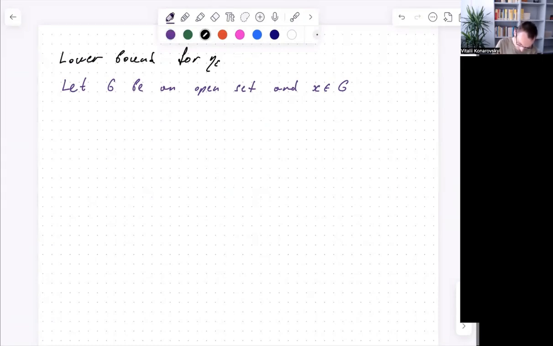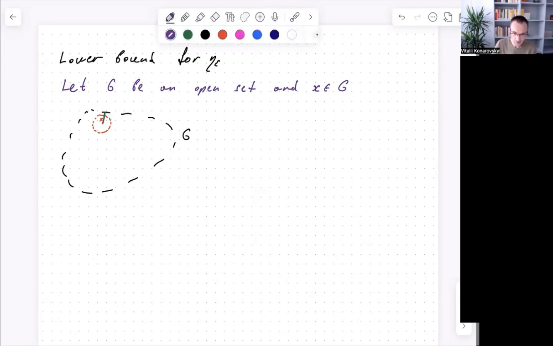We have the following picture. It is a set G, and you take some point x, which lies completely in G with some neighborhood. Therefore, the distance between x and the complement of G must be strictly positive.